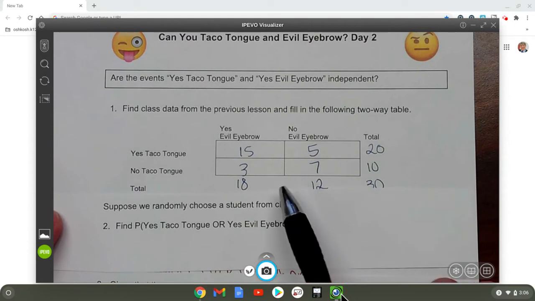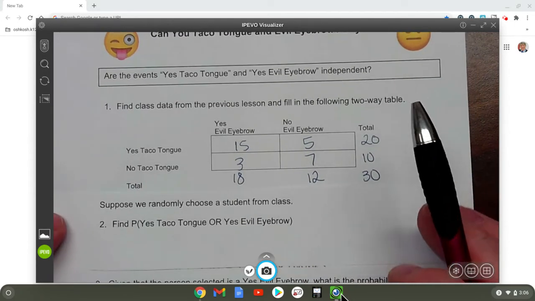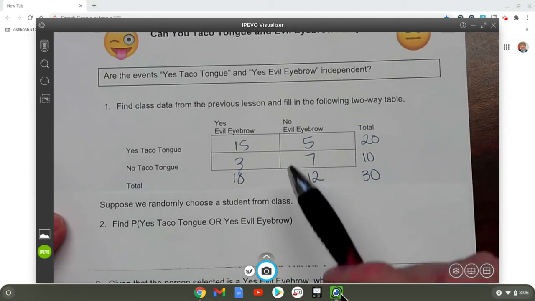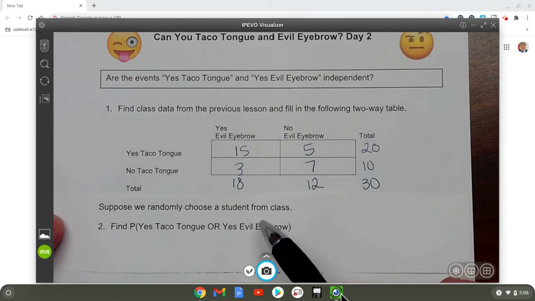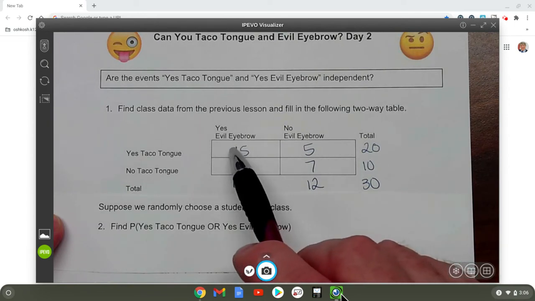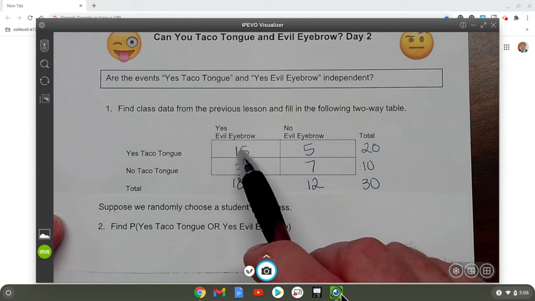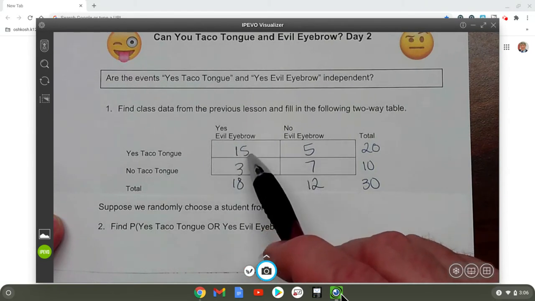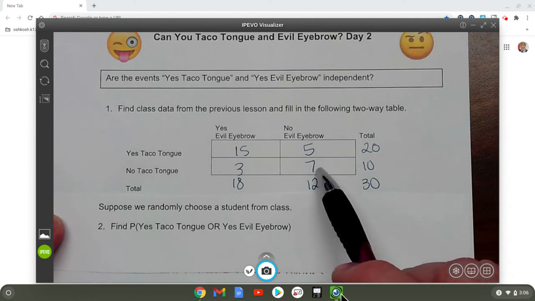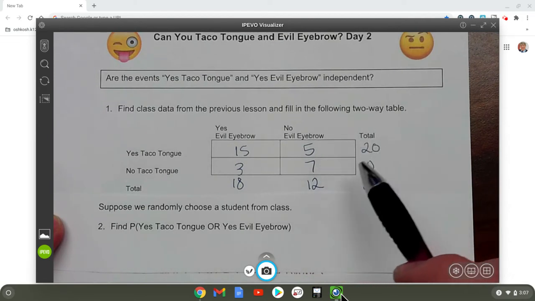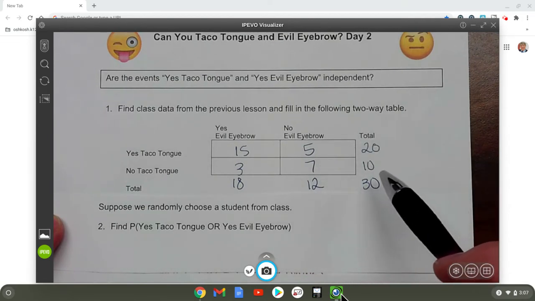I'm going to show you the box method first, which is not the way we're going to learn how to do it, but this is a way that you could do it if you didn't know anything about the formulas. So yes for taco tongue or yes for evil eyebrow. That would be yes for taco tongue here and yes for evil eyebrow there. So it's everybody except for these 7. So 30 minus 7 is 23, so it'd be 23 out of 30.